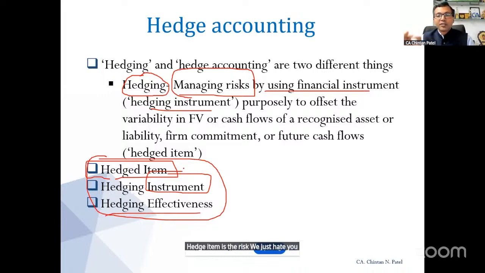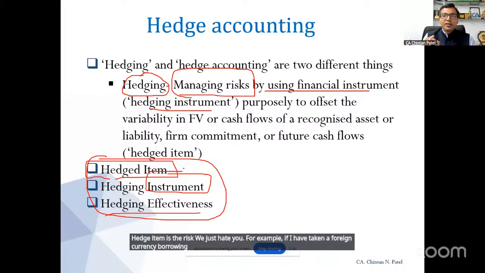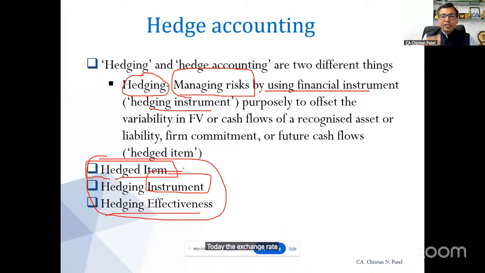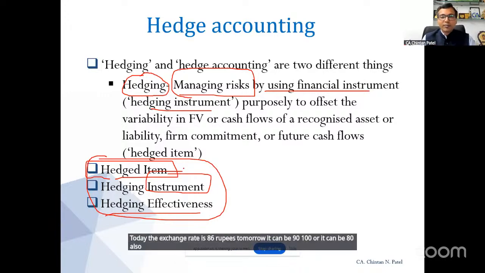For example, if I have taken a foreign currency borrowing, a 500 billion loan in USD, what is the risk to me? Today, the exchange rate is 86 rupees. Tomorrow it can be 90, 100, or it can be 80 also. So I have a risk that my outgo may be different from what I can foresee today.